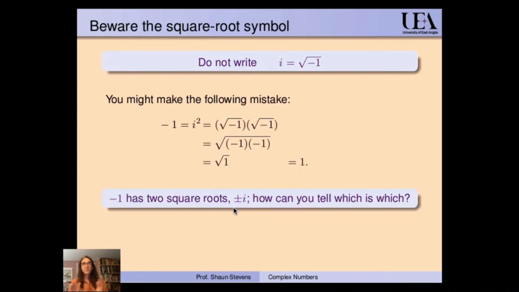How can you tell which one is which? There isn't a positive one anymore because they're not real numbers. So the mistake kind of comes here: you can't use that the square root of a product is the same as the product of the square roots when you're dealing with complex numbers anymore, because there isn't a single square root and you can't tell which is which.